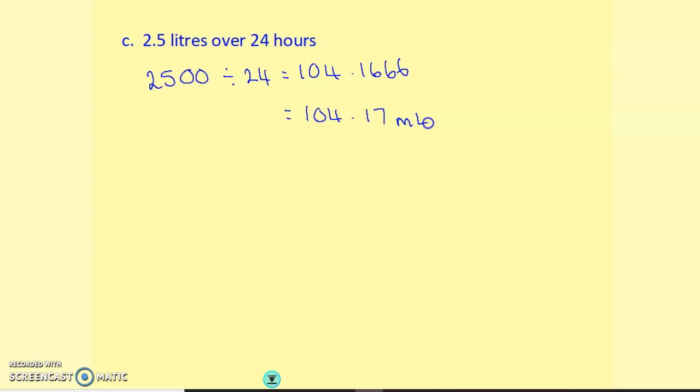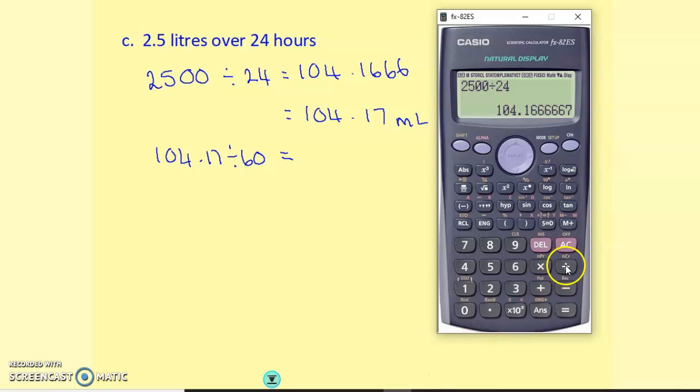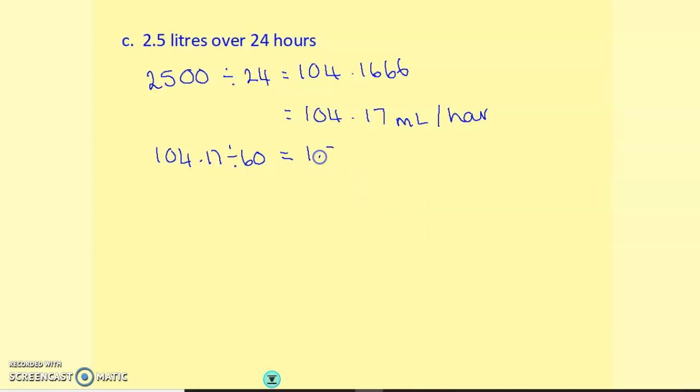That would be millilitres per hour. I want it in minutes. Divide it by 60. .736. So to 2 decimal places, it'd be 1.74 millilitres per minute. Okay.